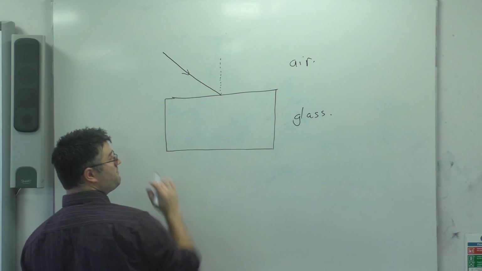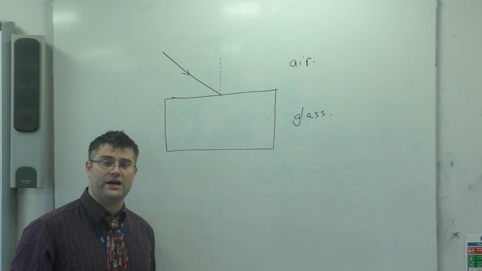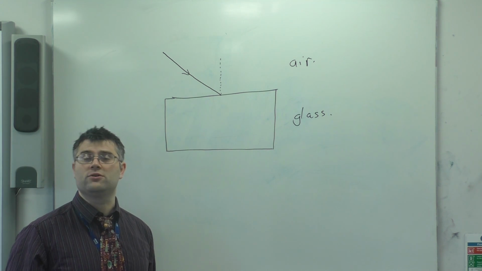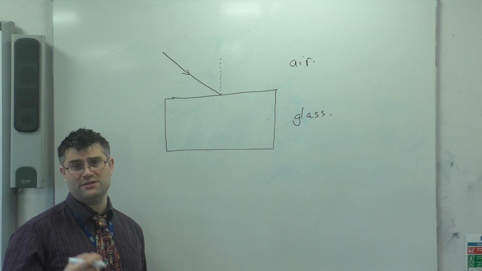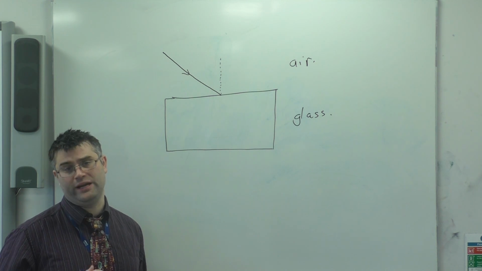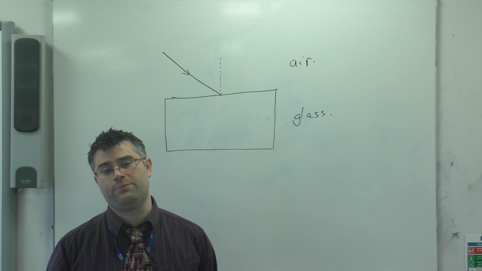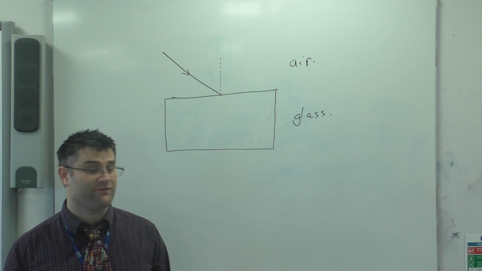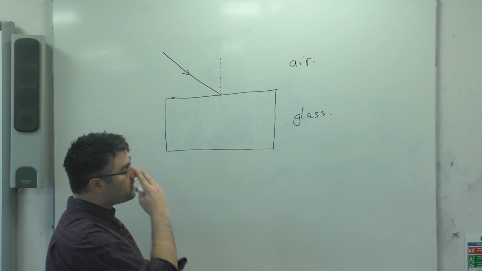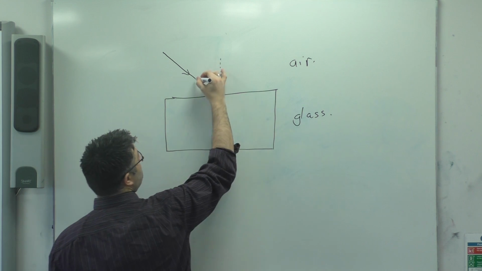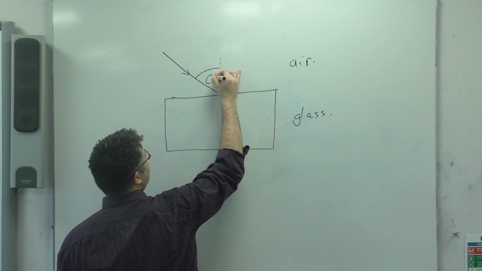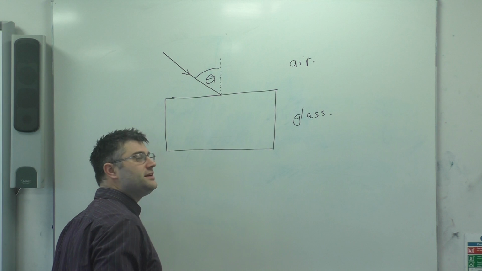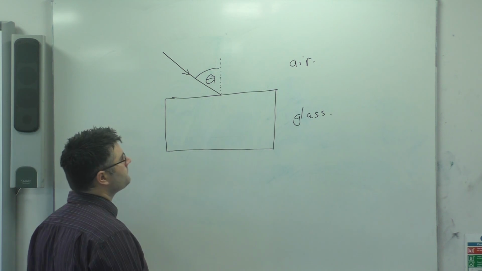The normal line is a line that we utilize to allow us to measure angles to and from. It's a line that is perpendicular to the boundary at which the light is going to be refracted, or reflected, in fact. We utilize that to define the angle of incidence in this case, and we'll call that angle θ1 for now.